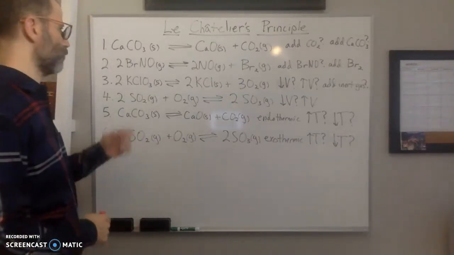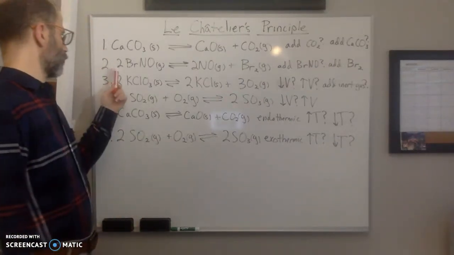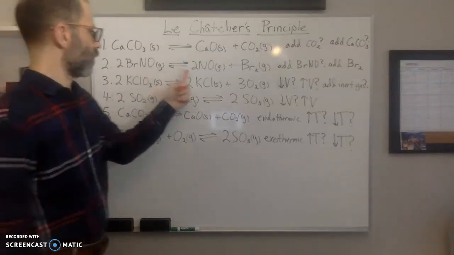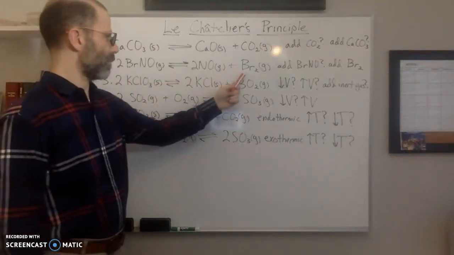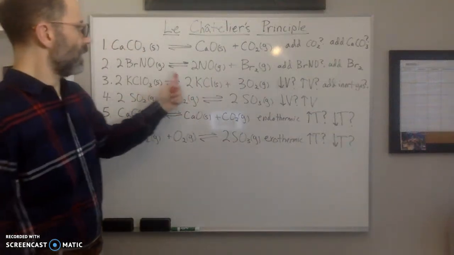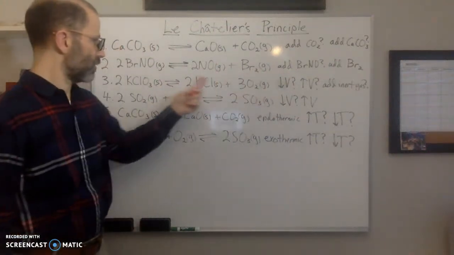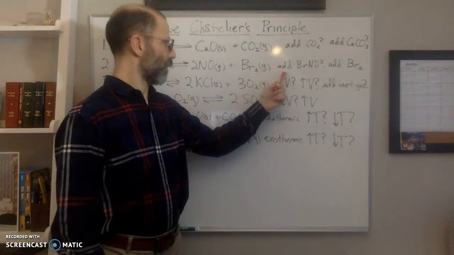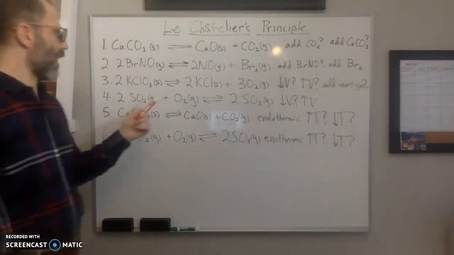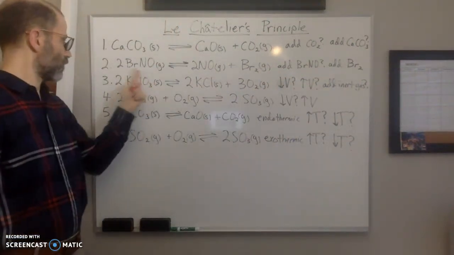All right, what about number 2? In number 2, you have 2 BrNO, that's going to go to 2 NO and Br2, bromine. Here it's asking, for this example, what happens if you add BrNO? If you add BrNO, this is a reactant.